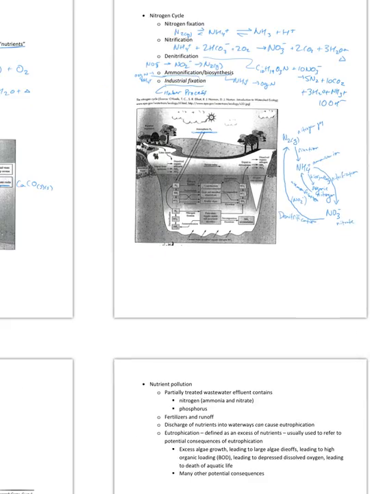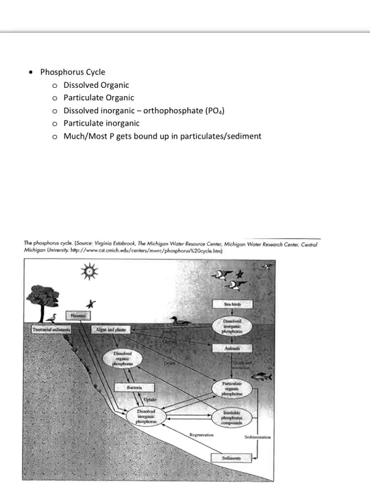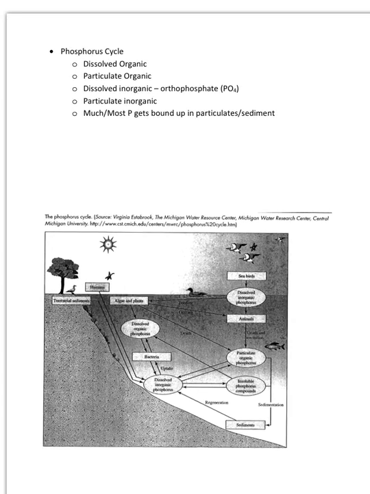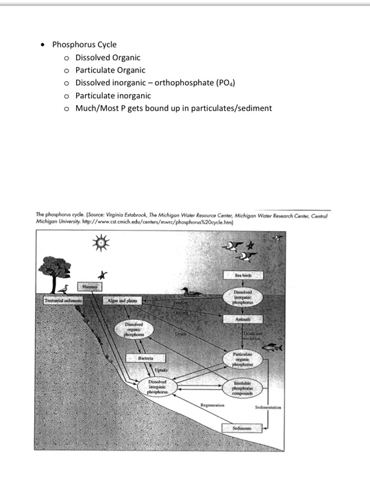Okay, so that covers the nitrogen cycle. Now we're going to move to the phosphorus cycle. Next page. So the phosphorus cycle, we've got a little image down here. I'm going to draw my own image above it that I think might be a little easier to follow, but it is basically the same idea. I'm going to break the phosphorus cycle into essentially 4 parts. We've got dissolved parts and particulate parts, and then we've got organic parts and inorganic parts.